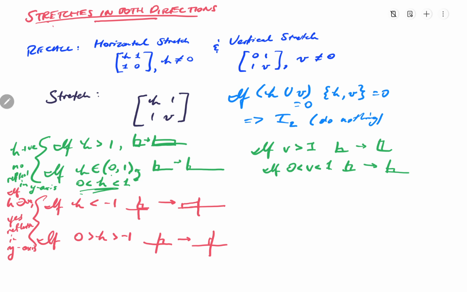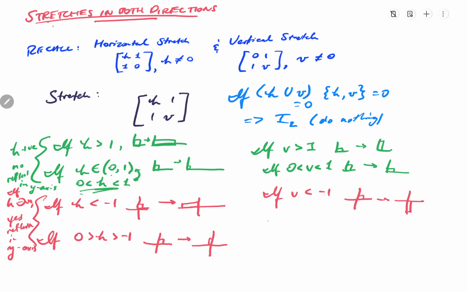Now, if v is less than -1, so a bigger negative, if I started with this, it would be a taller rectangle. However, it will be in the negative direction, as it's been reflected vertically, through the x-axis.